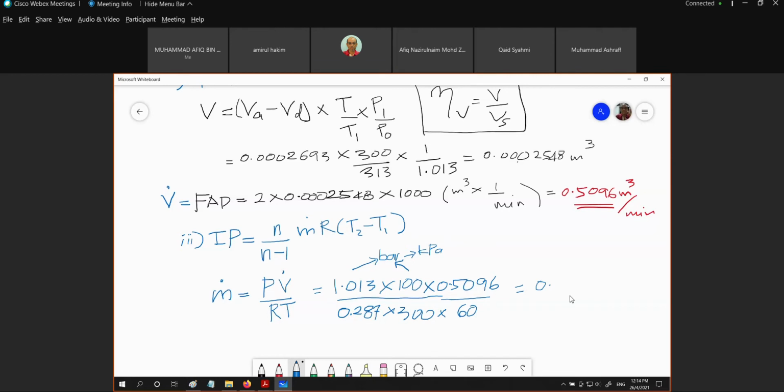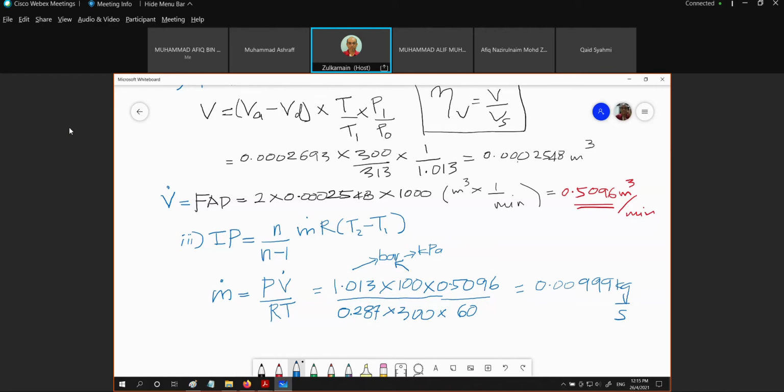So, 0.009993. Can someone verify that? 0.009993. Three zeros, then 999. Betul eh? Kilogram over second.